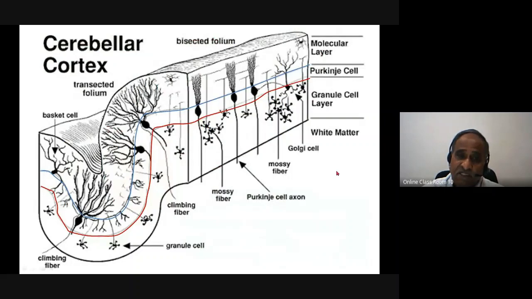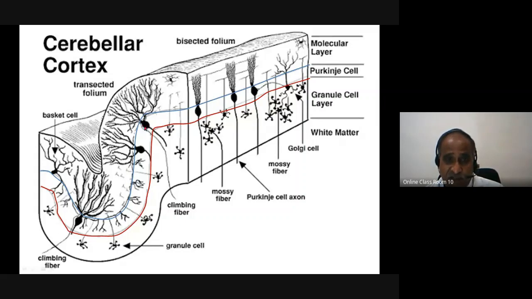Now, just look at the structure. This is a wonderful structure. This is a bisected folium. This is one plane, and this is another plane. And you can see the various aspects of the cellular organization. These are Purkinje cells.